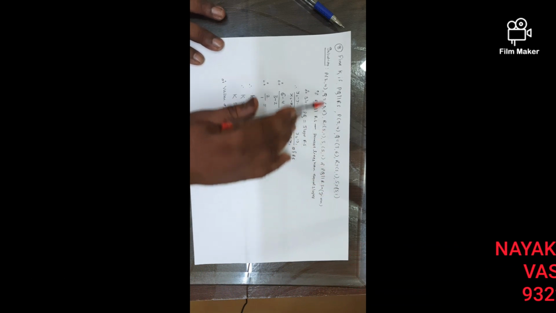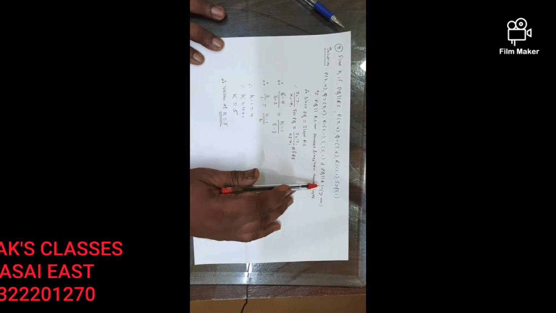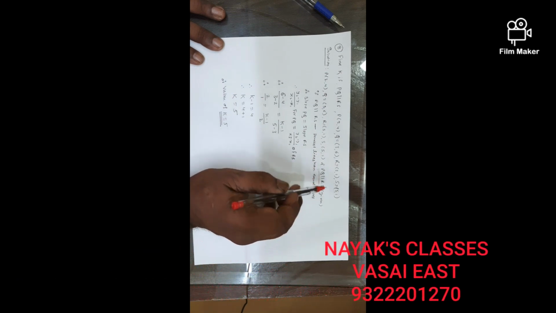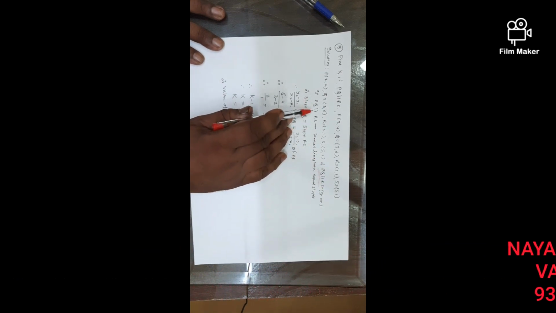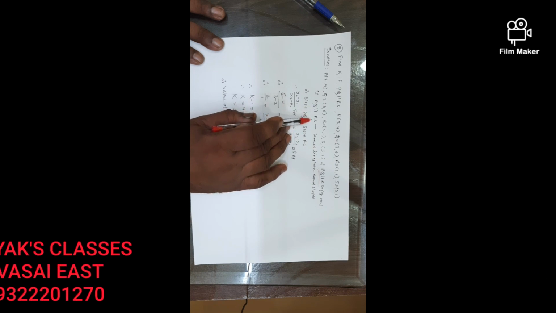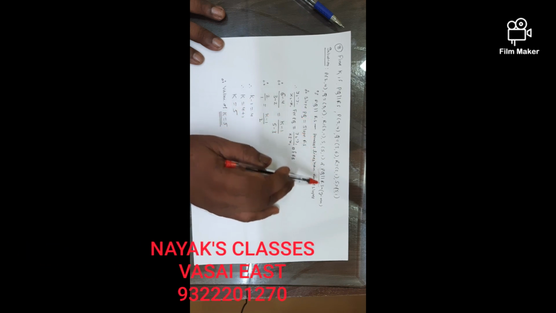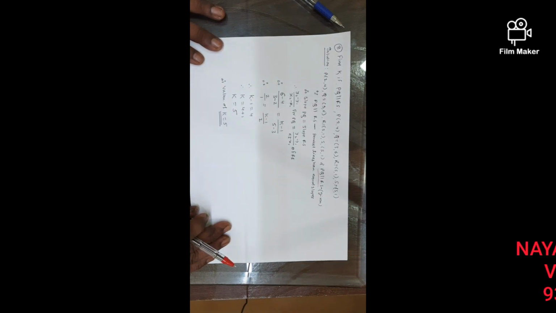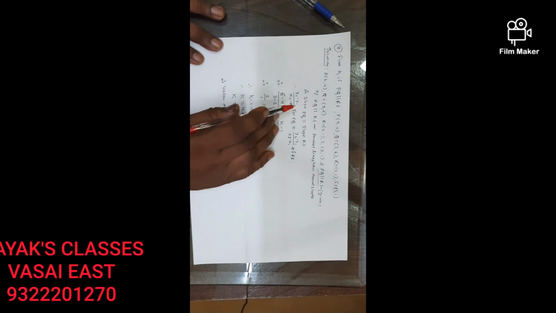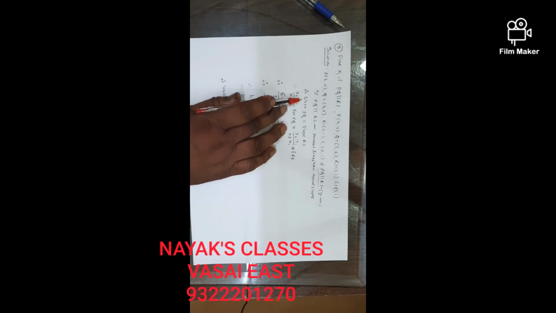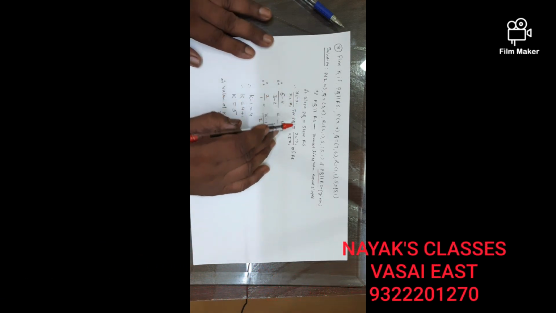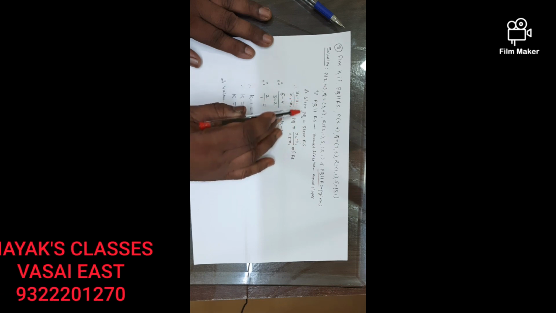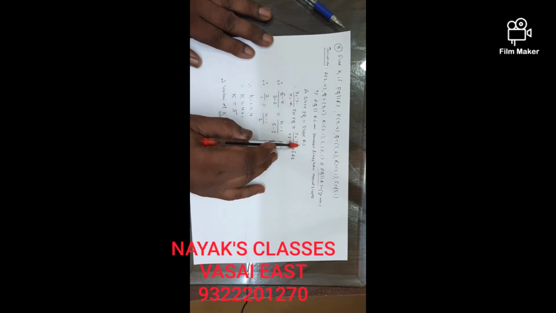So the given things are these, and the main thing is PQ parallel to RS. Since PQ is parallel to RS, and parallel lines have equal slopes, therefore slope of PQ is equal to slope of RS.